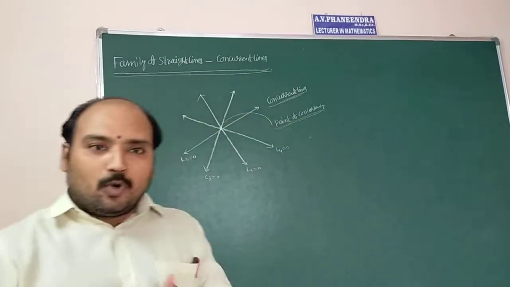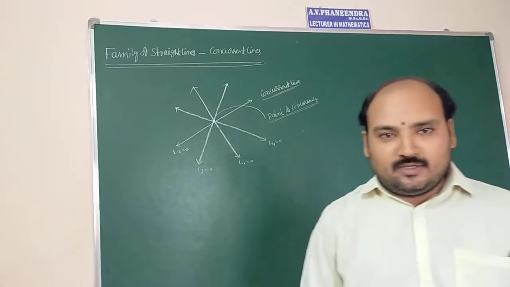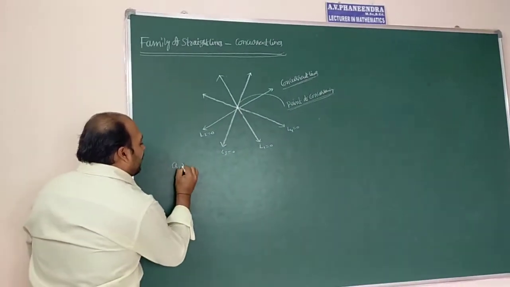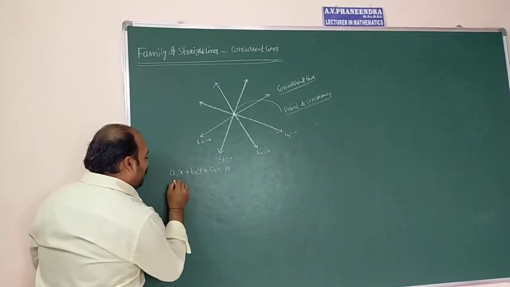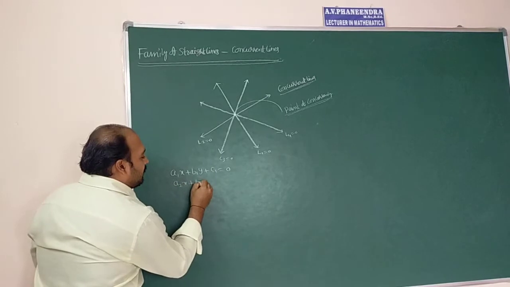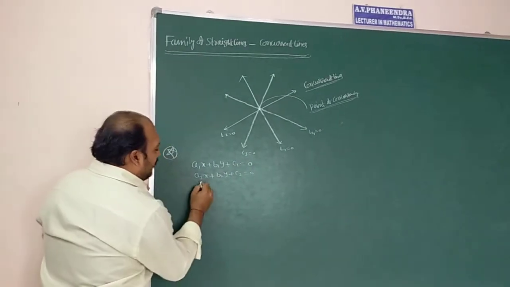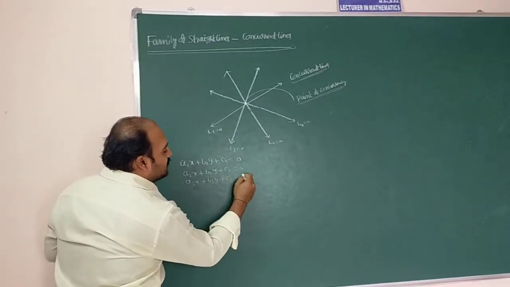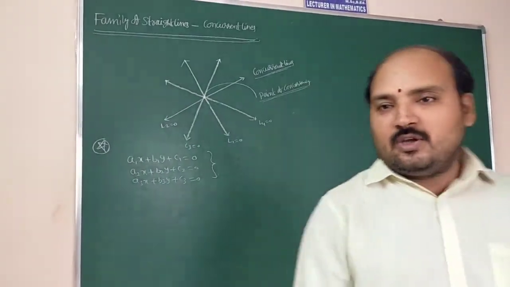So how to prove the given lines are concurrent? What is the condition? Suppose the three lines a1x plus b1y plus c1 equal to 0, a2x plus b2y plus c2 equal to 0, and a3x plus b3y plus c3 equal to 0 are said to be concurrent lines.